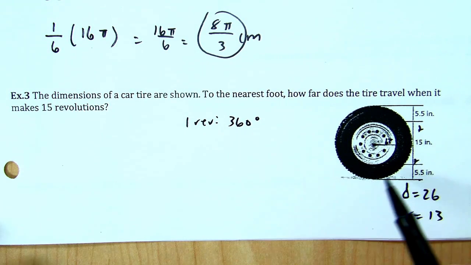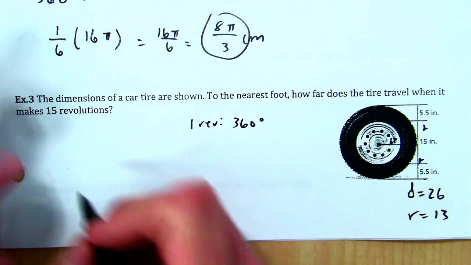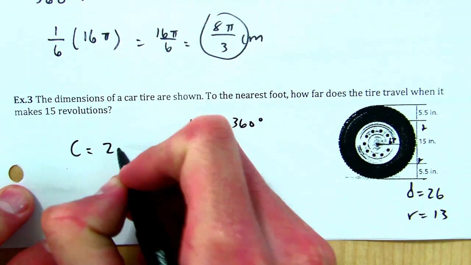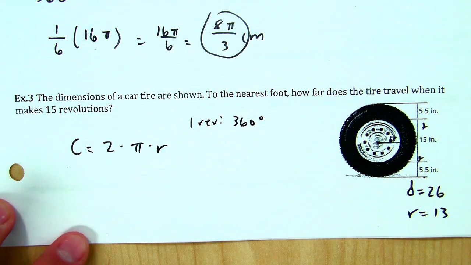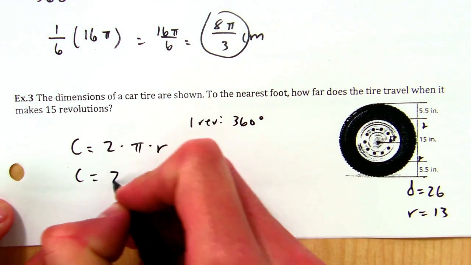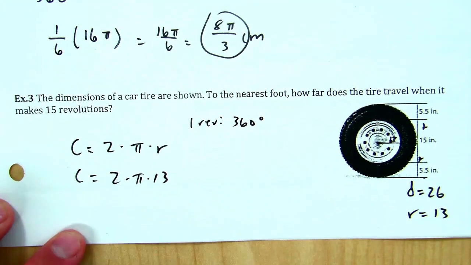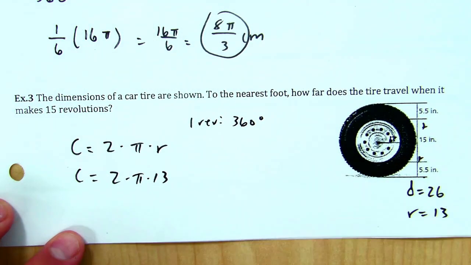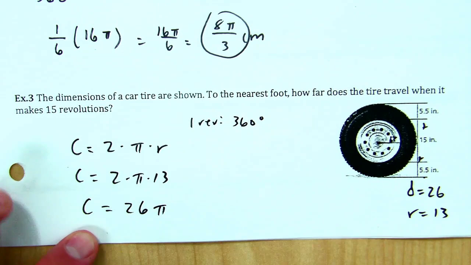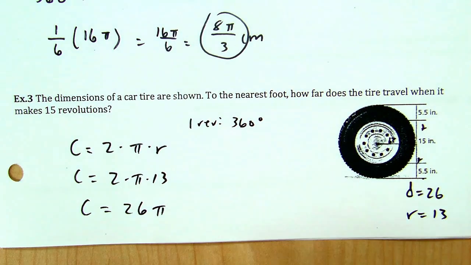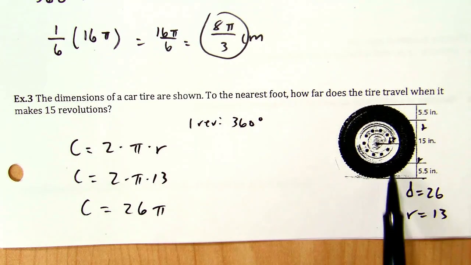One trip around, one revolution, is just basically the circumference. So if we find the circumference using the circumference formula of 2 times pi times r, my radius is 13, so I put 13 in place of r. 13 times 2 is 26, so 26 pi is the circumference all the way around. Okay, but we don't want one time all the way around, we want 15 revolutions.